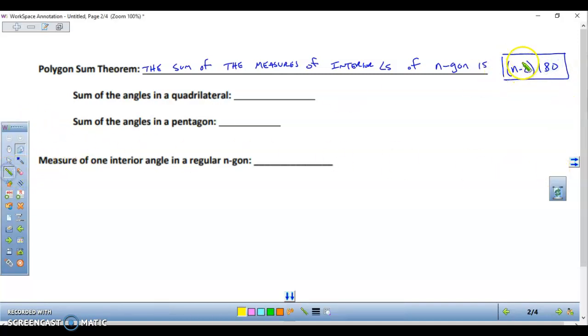So you simply just need to know the number of sides, subtract 2 from it, and multiply by 180. So let's talk about an example here in a second.